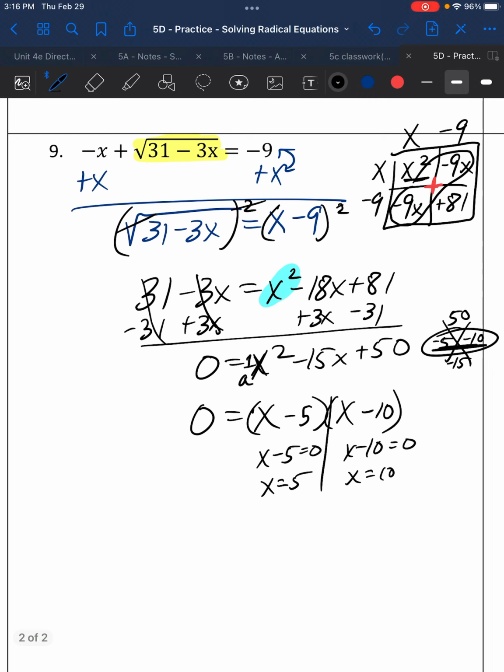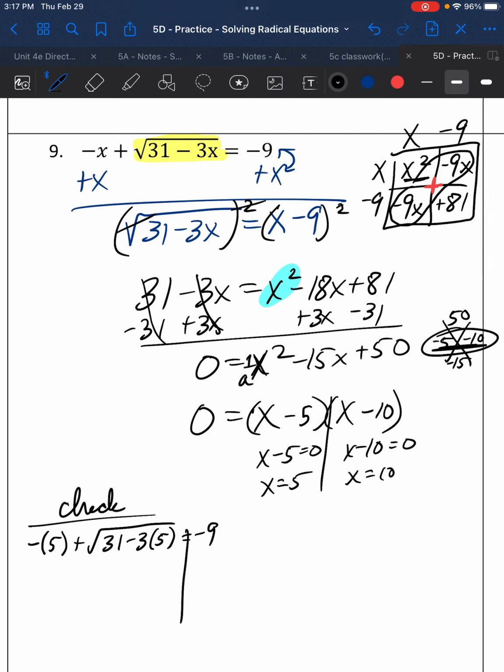We need to check both of those in the original problem. So our check, and hopefully one of these is extraneous. I'm going to check positive 5. So positive 5 plus the square root of 31 minus 3 times positive 5 equals negative 9. So simplify the left side.